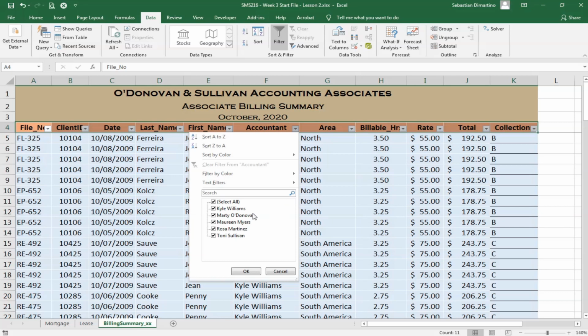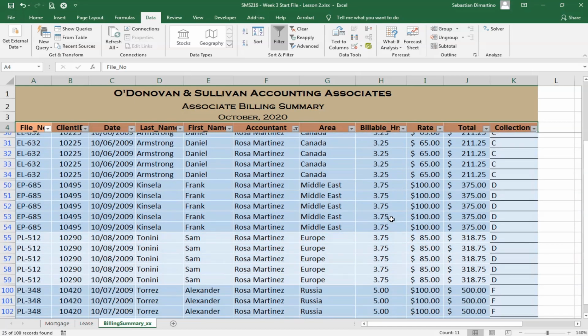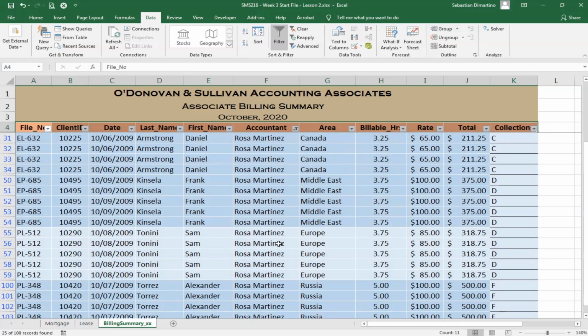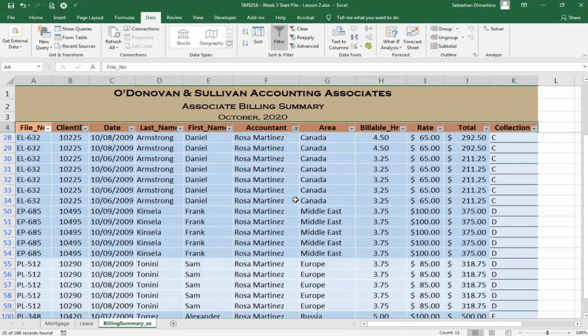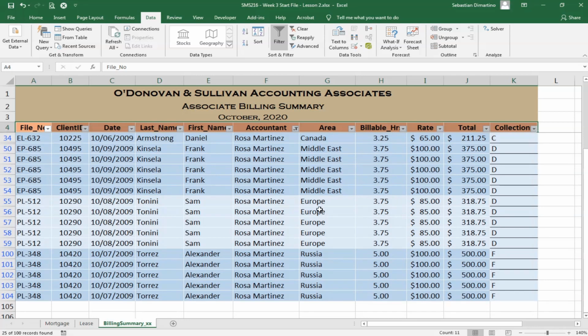In this case, I'm going to say, let's look at Rosa Martinez. I'm going to take off the checkbox because I don't want them all, and I just want Rosa. And when I click on just Rosa and then click OK, voila. Now I only have Rosa in my list. This allows me to look at the data and do any analysis that is required.